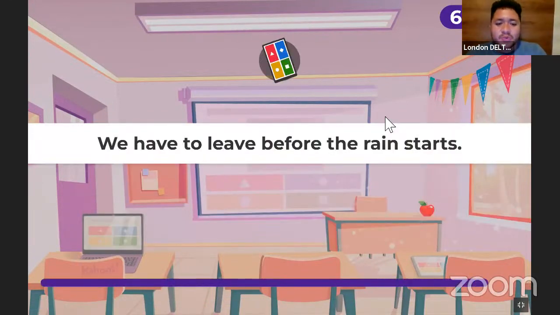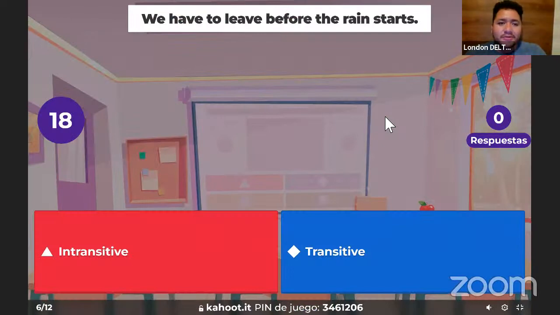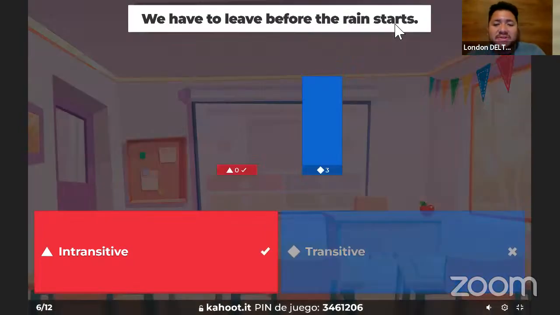Okay, next one. We have to leave before the rain starts. Tenemos el verbo leave y el verbo start. So, two verbs, but they are still the same thing. Ok, son intransitivos, ambos.